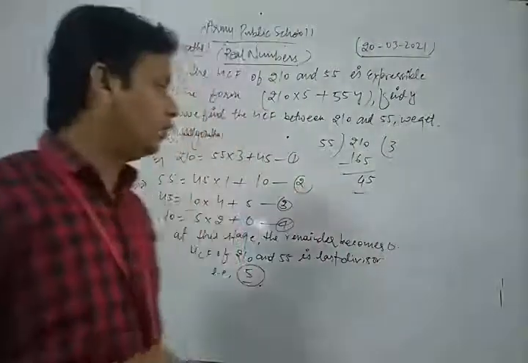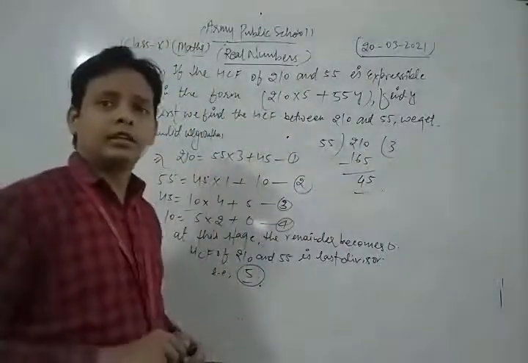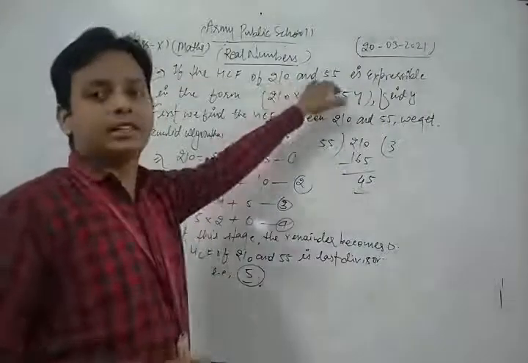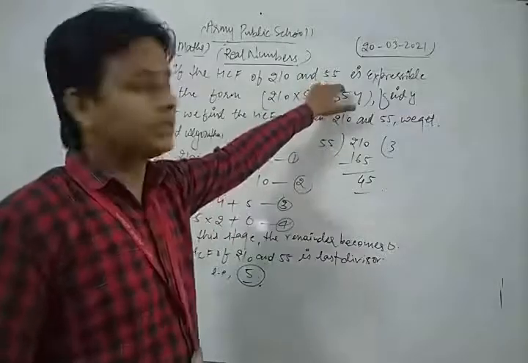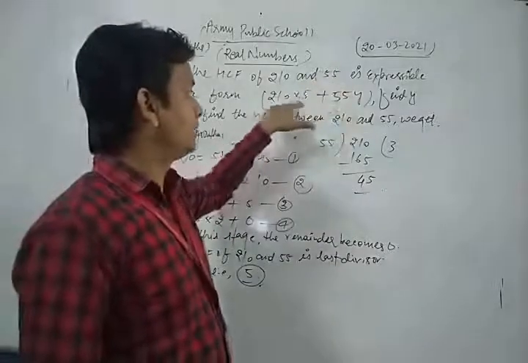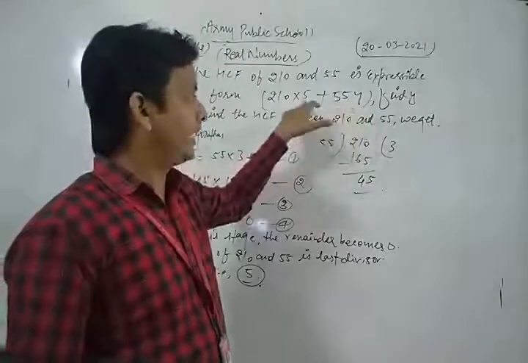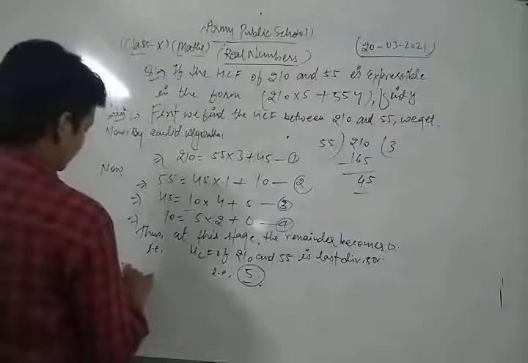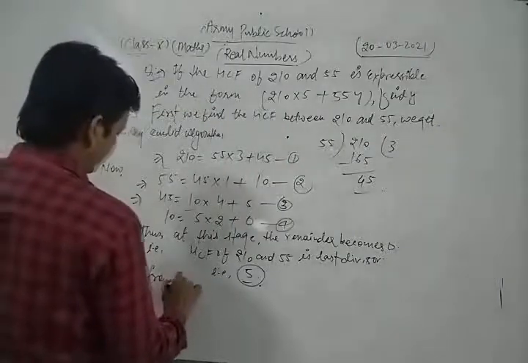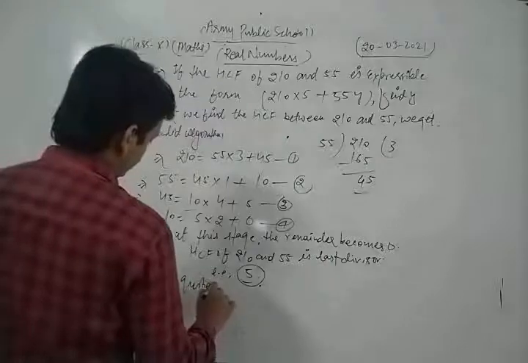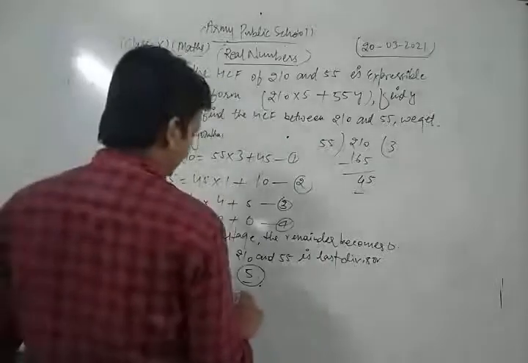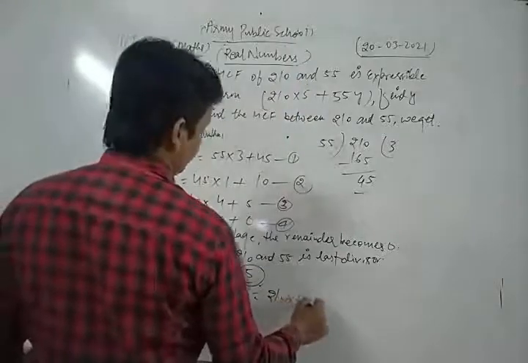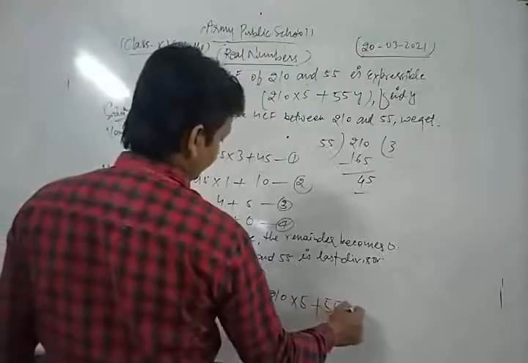Now, according to the question, the HCF of these two numbers is expressible in this form. So from the question, 5 is equal to 210 into 5 plus 55y.